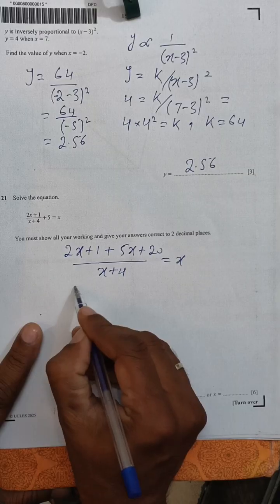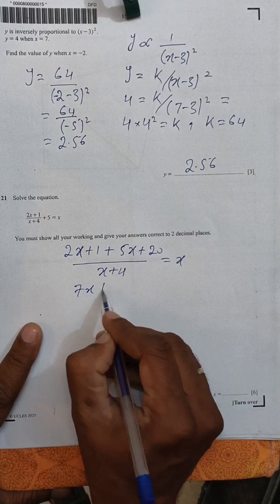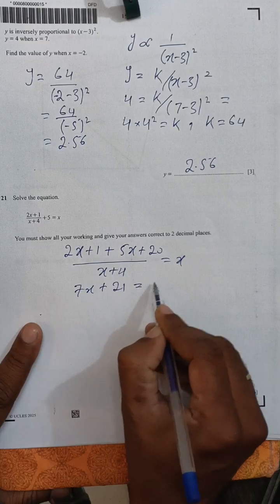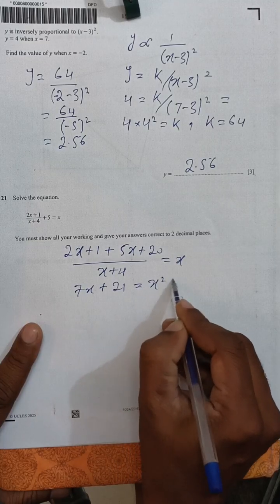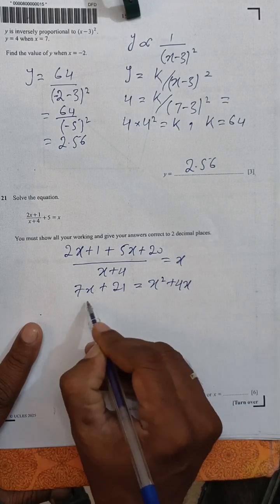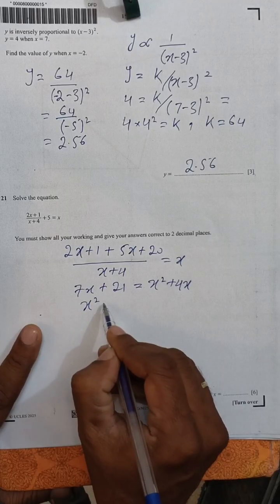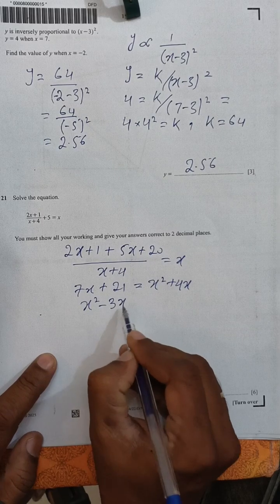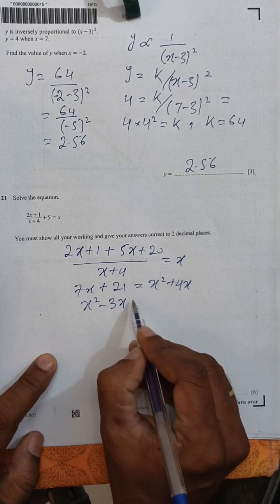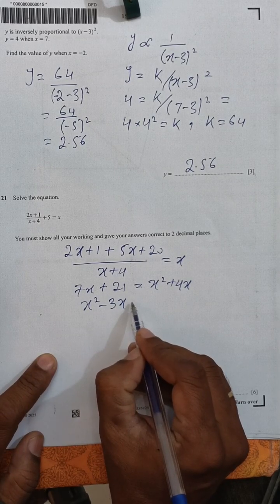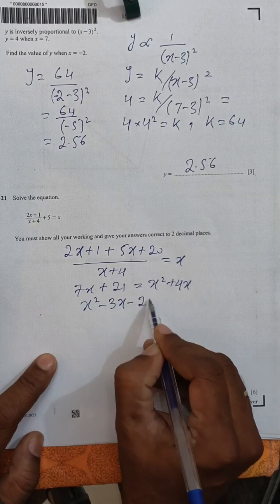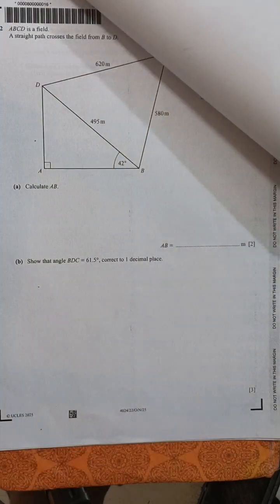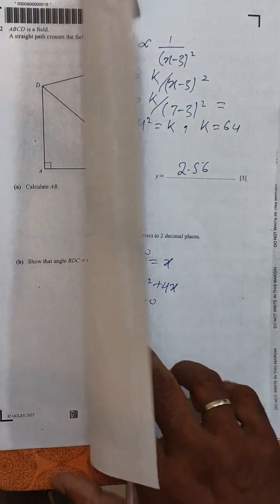Now it is 7x plus 21 and it is equal to x squared plus 4x. So now the equation is x squared minus 3x minus 21 equal to 0. Apply the quadratic formula because we cannot factor this one.